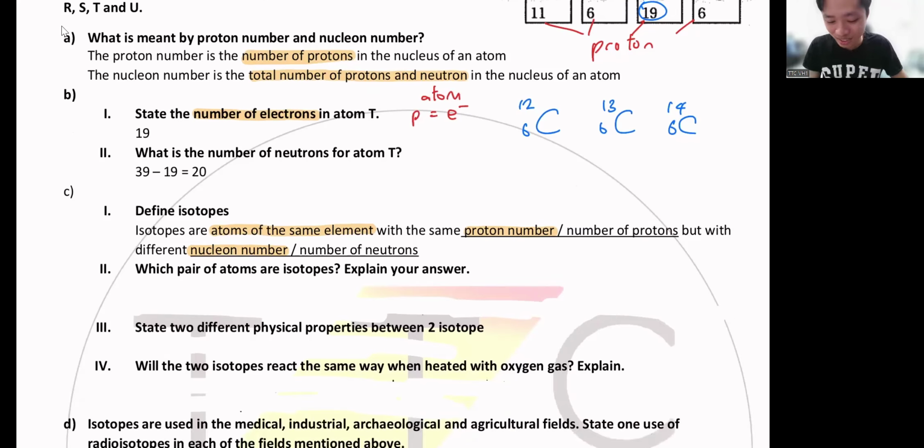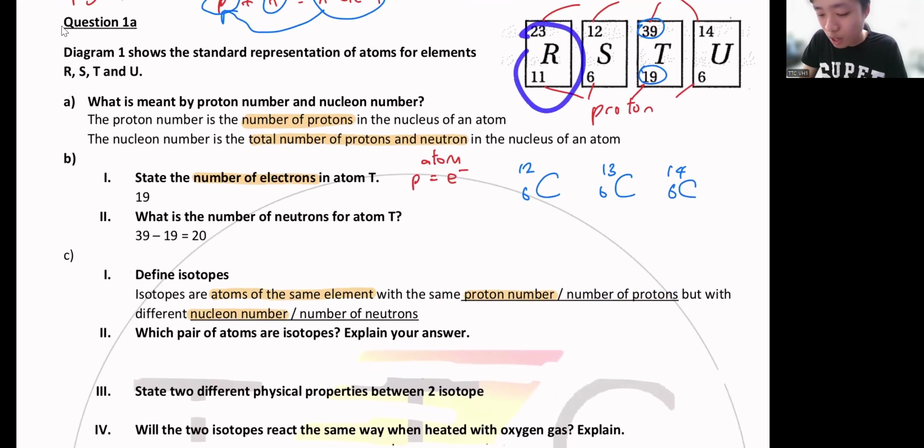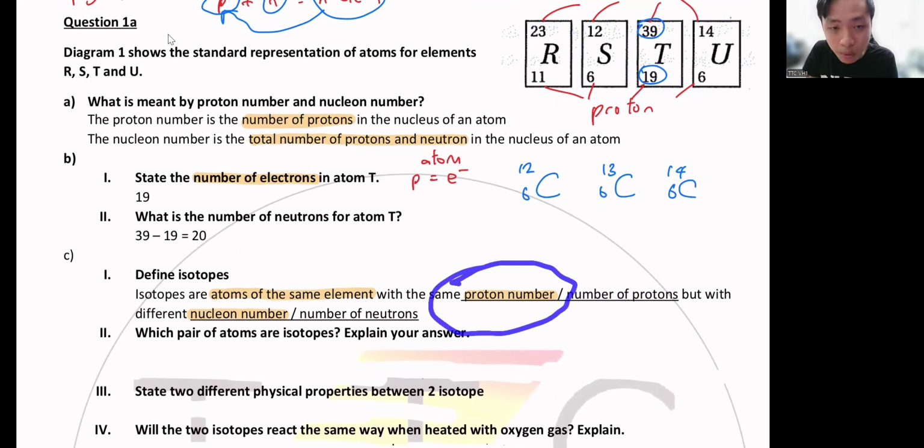Okay. So which pair of atoms are isotopes? Yes, they ask which ones are isotopes among R, S, T, U. Who and who? Who and who means who and who have the same proton number but different neutron number, different nucleon number.